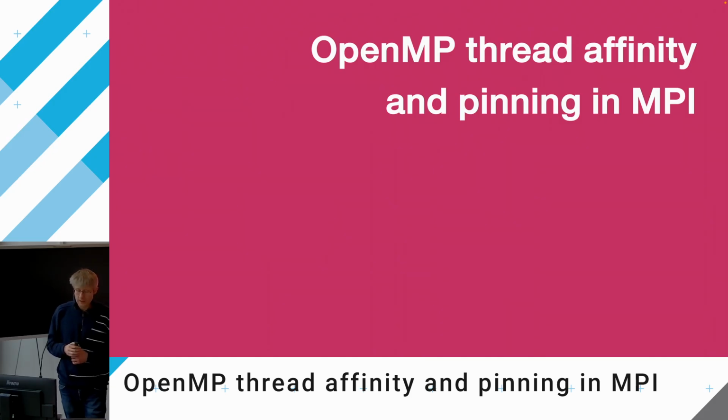Now, after this more conceptual hardware details, this look at the hierarchy, we can also take a look at how to actually do the thread affinity settings in OpenMP and the pinning in MPI.